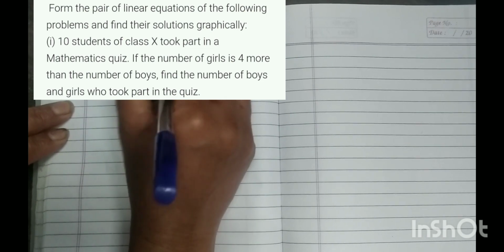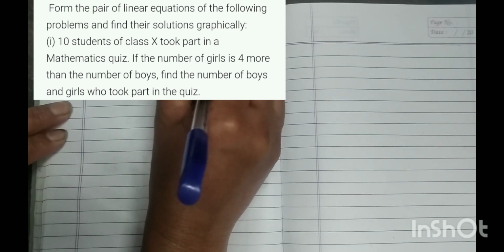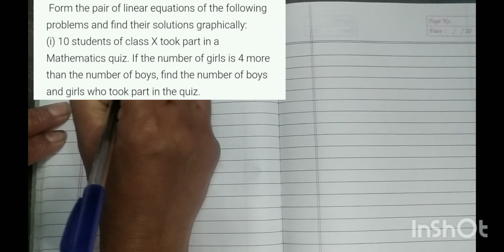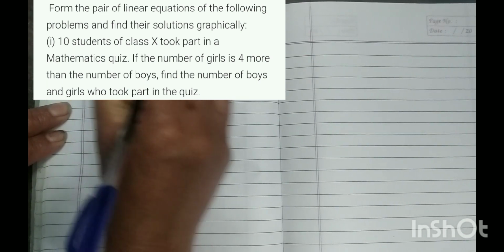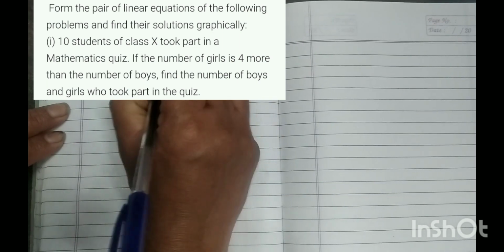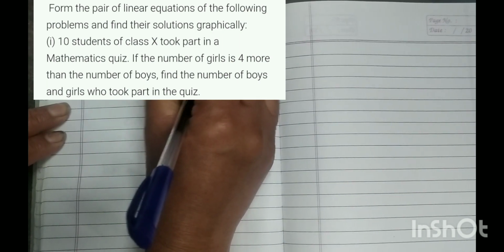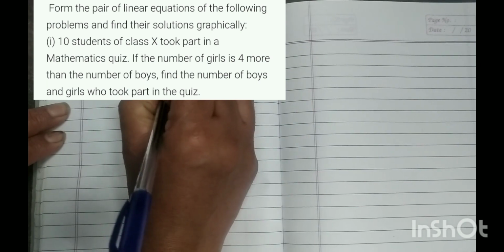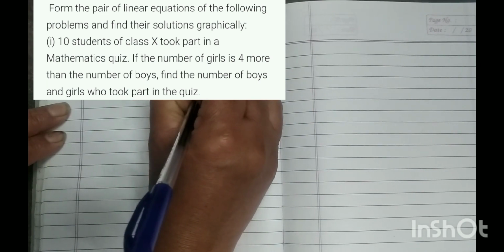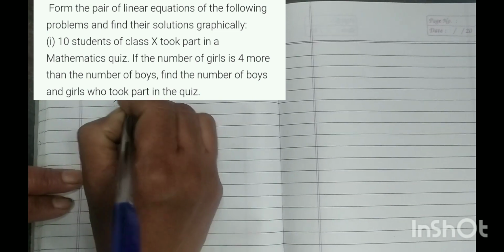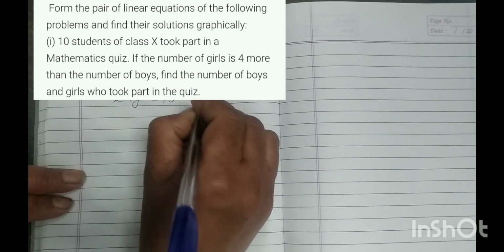Total number of students equals 10. Let the number of boys equal x and the number of girls equal y. So first equation is x plus y equals 10.